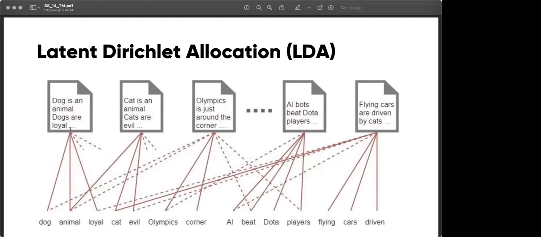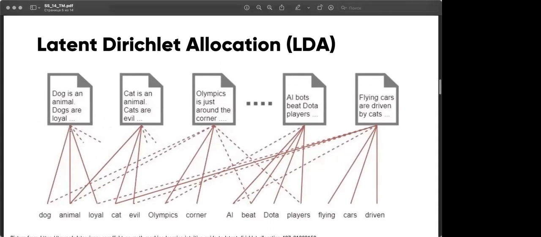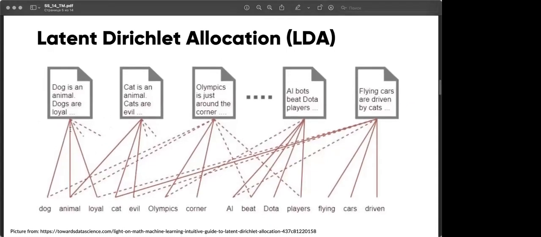Here are a few illustrations that just represent the philosophy, maybe the theoretical insight behind LDA. So we represent each document as a set of words. For example, the first document has the words dog, animal, loyal.